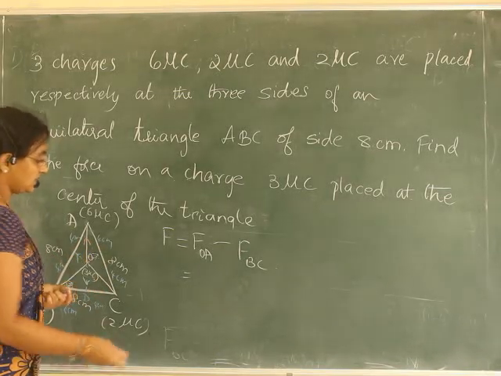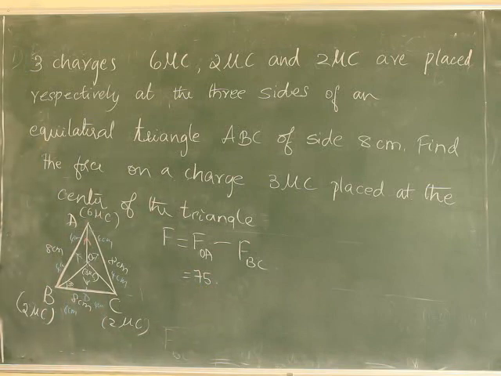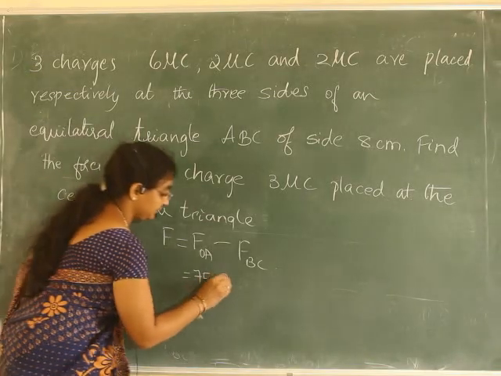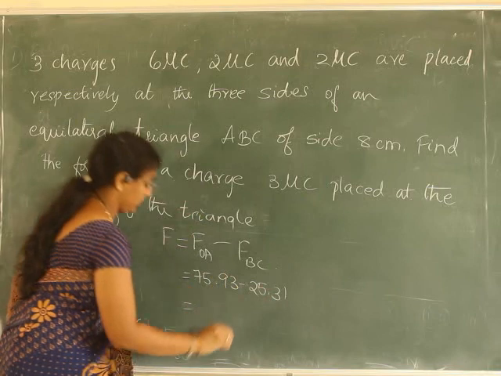Subtract 75. What was the answer? 75.93 minus 25.31. What is the answer you get?